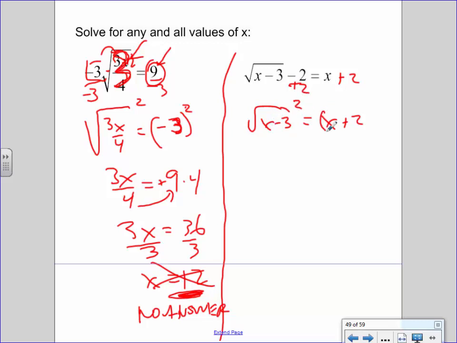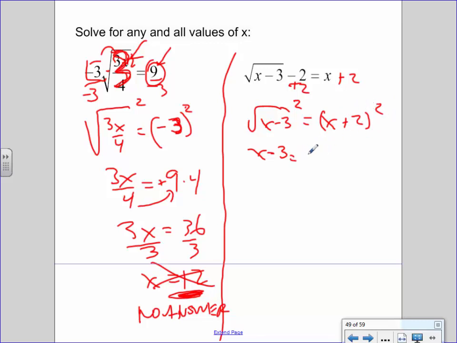Well, then if I square both sides, on this left-hand side right here, I'm literally left with x minus 3. Here's where we may pick up that extra answer. You know how when you square this side over here, any negative numbers that were in there would now become positive. And sometimes that's why you get that extra phantom solution, the extraneous solution. It's because of this step right here. It may or may not happen, though. There's not always an extra one.